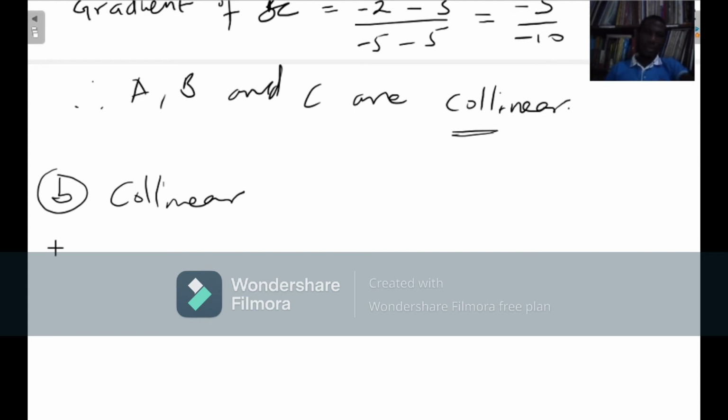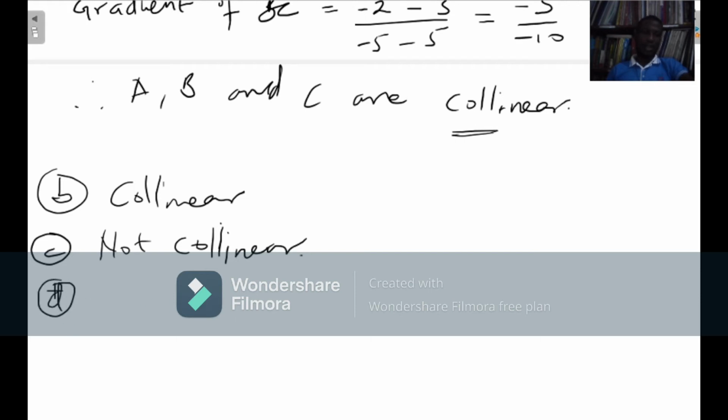Then you see that C is not collinear because the gradient of the first 2 points will give us 2 and that of the second and the third one will give us -1. So they are not collinear.